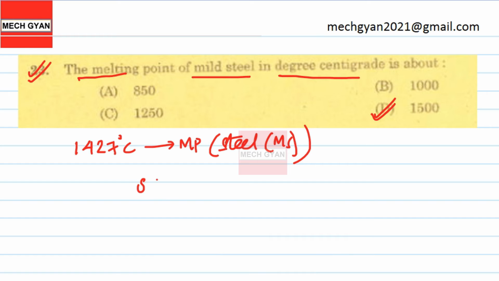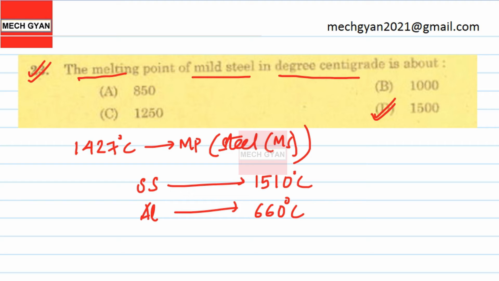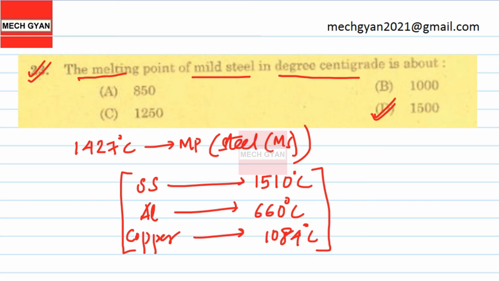The melting point of stainless steel is around 1510 degrees centigrade, aluminium around 660 degrees centigrade, and copper, higher than aluminium, around 1084 degrees centigrade. So the nearest option is D. 23 option D is the right answer.